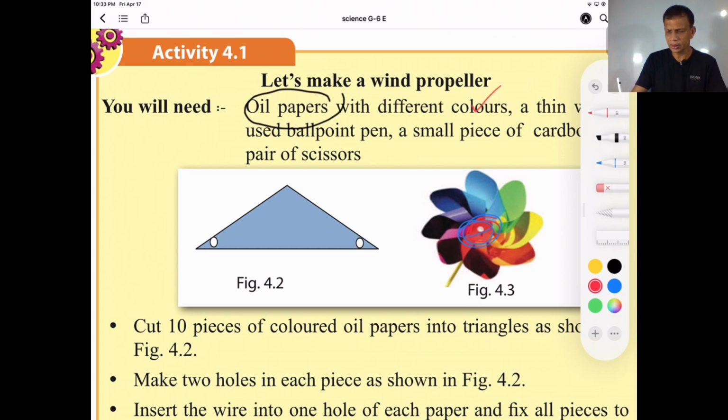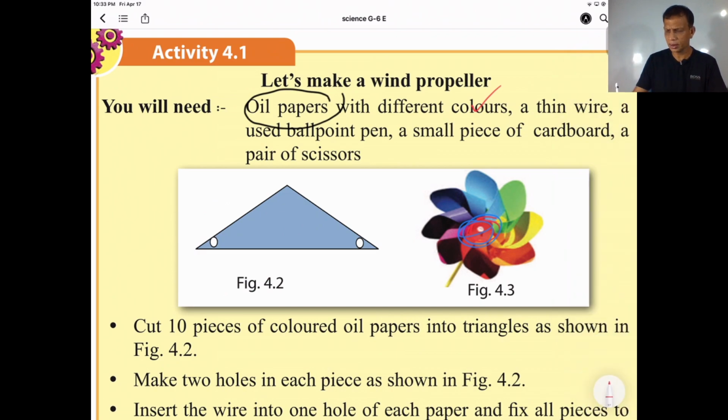And different colors, yeah. And then thin wire, which is used to fix the papers. A used ballpoint pen, you have different ballpoint pens, you can select one. A small piece of cardboard, a pair of scissors.